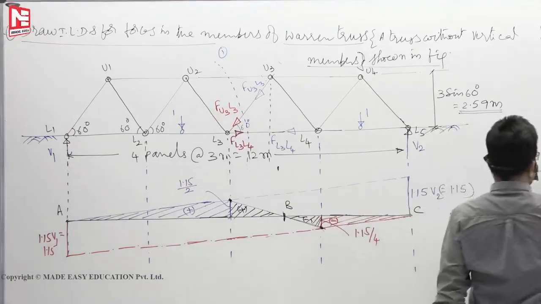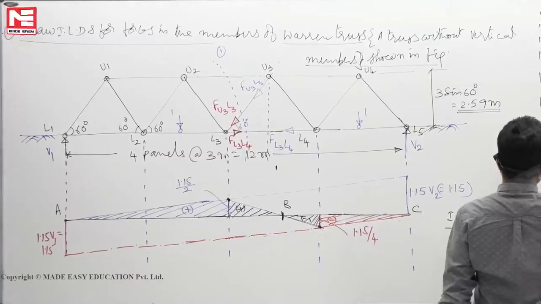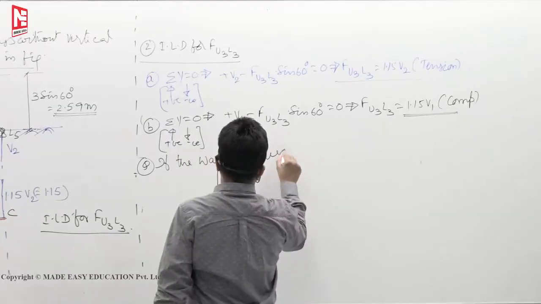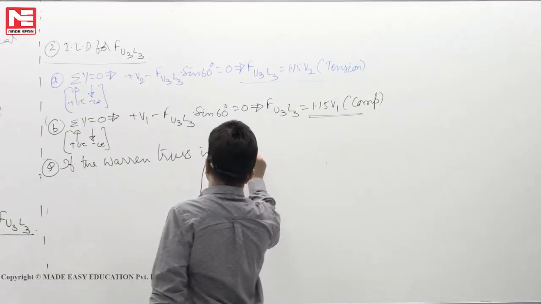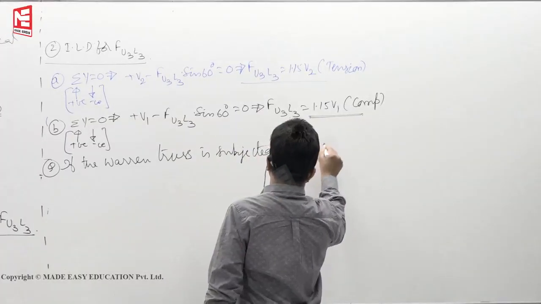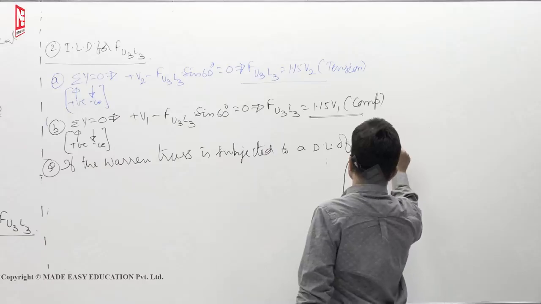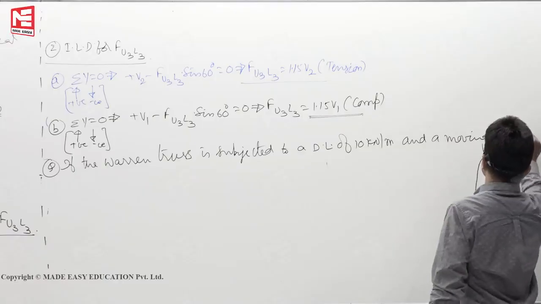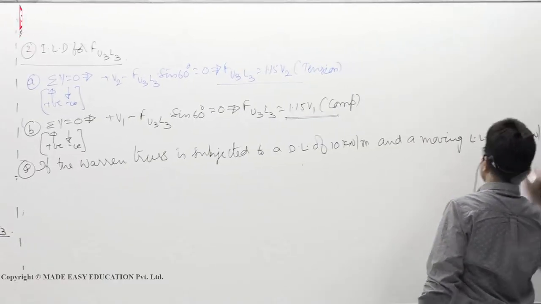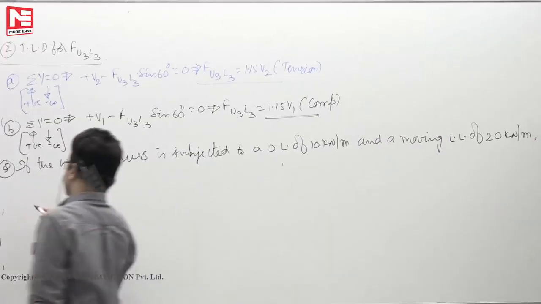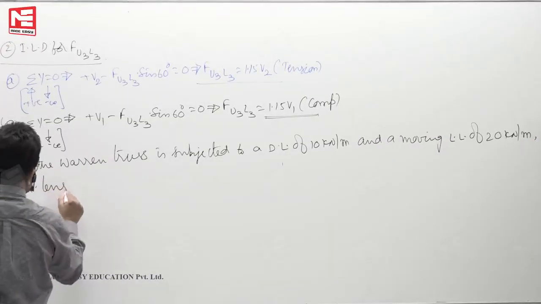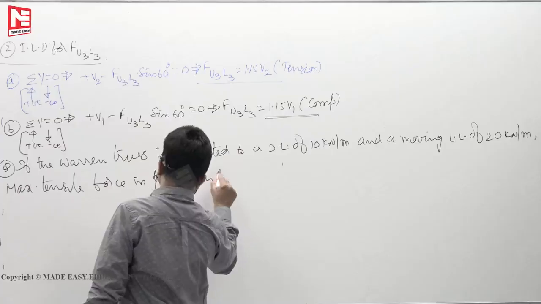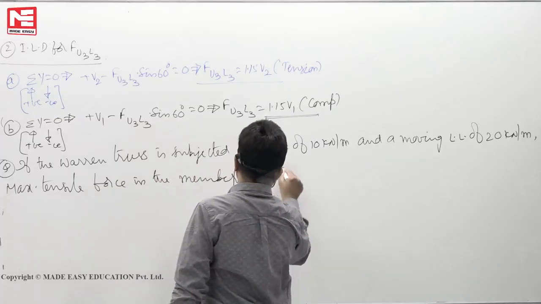Now let us see how a numerical can come. If the Warren truss is subjected to a dead load of 10 kilonewtons per meter and a moving live load of 20 kilonewtons per meter, the maximum tensile force in the member U3L3 is.